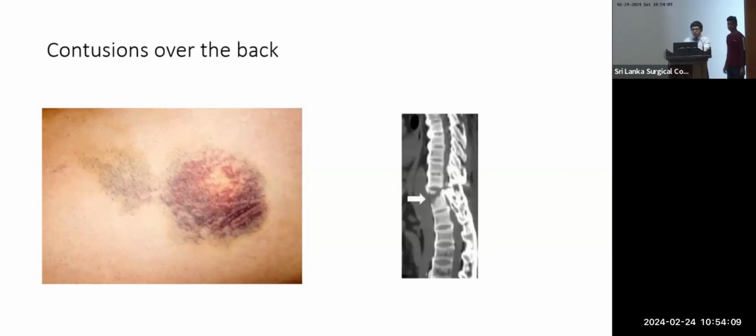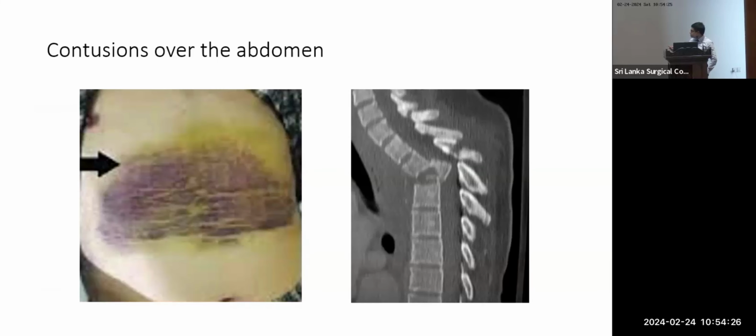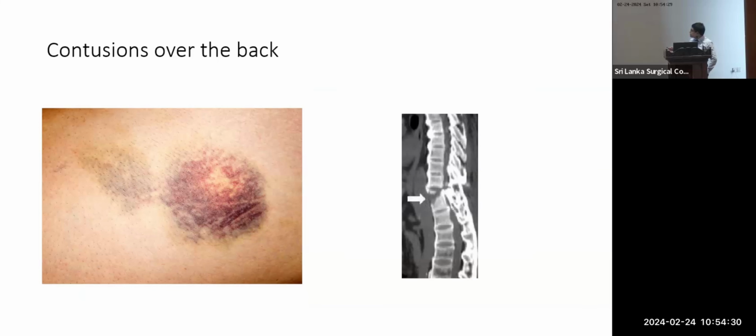You can imagine someone landing on the back, and the back landing on a pointed place. Obviously, this can produce a hyperextension injury, and you can see the extent of the hyperextension injury.